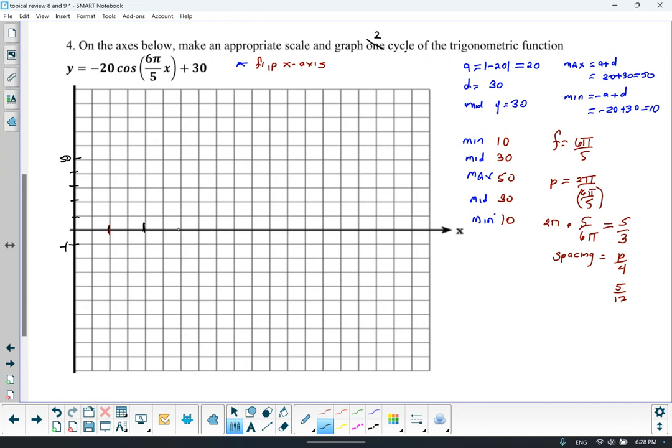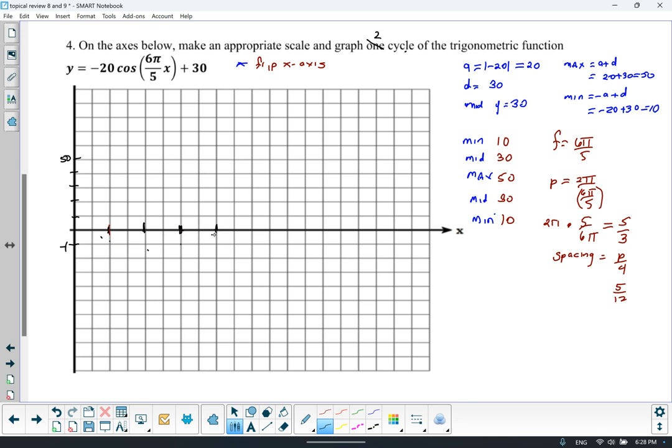1, 2, 3, 4, 5. 5 over 12, 10 over 12, 15 over 12, 20 over 12.